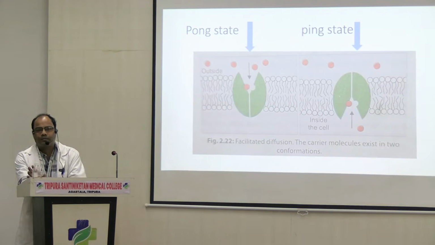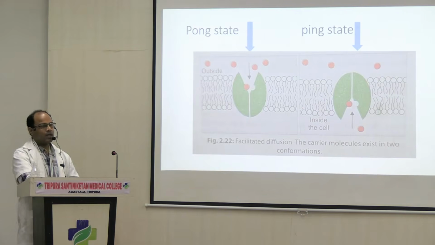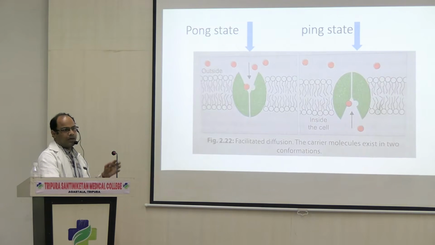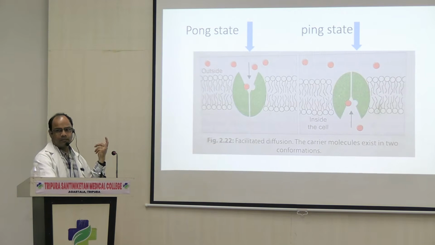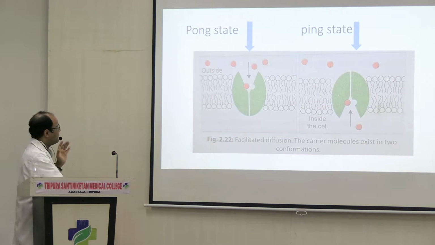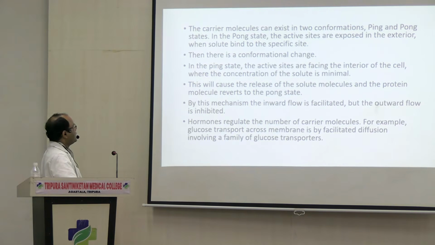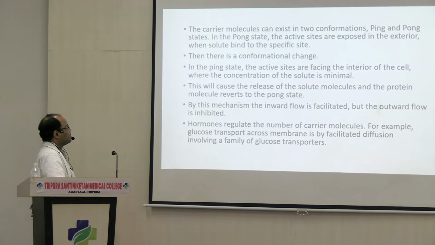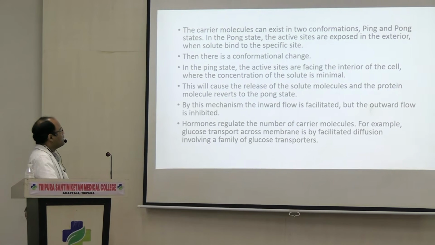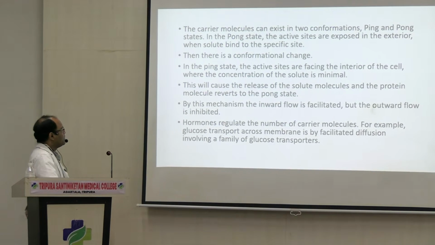But this is a unidirectional state. Here, solute can enter, it cannot exit. So you can see the carrier molecule can exist in two conformations, the ping and pong states. In the pong state, the active sites are exposed to the exterior, where the solute binds to the specific site.